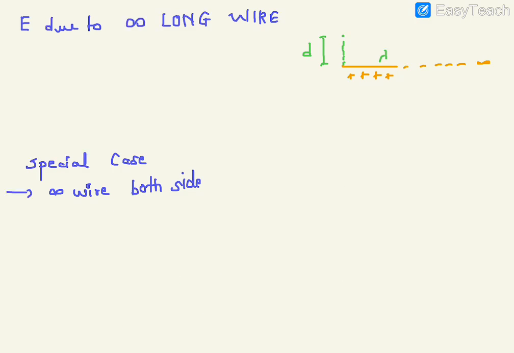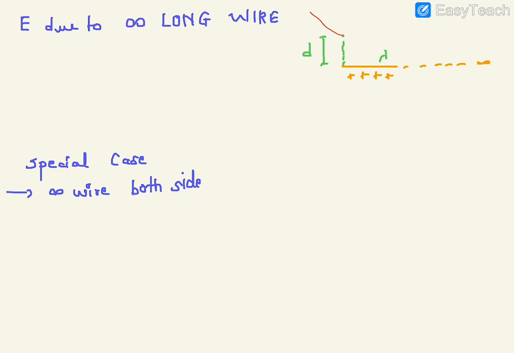Alright, now we'll move to the case of electric field due to a long wire. In this case, I have a one-sided infinite long wire, and this is the length d. The charge density on the wire is lambda.